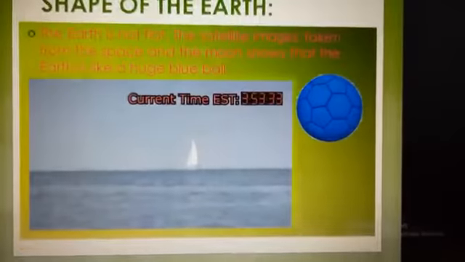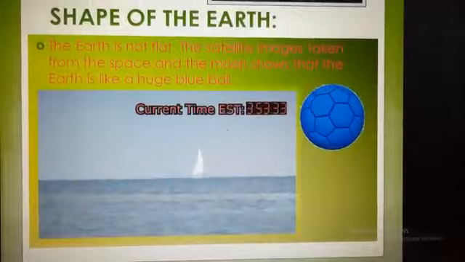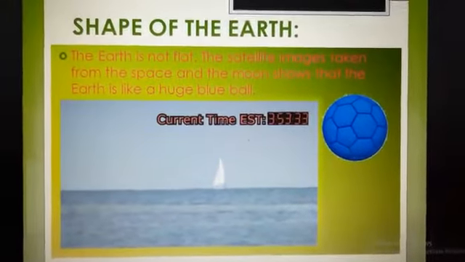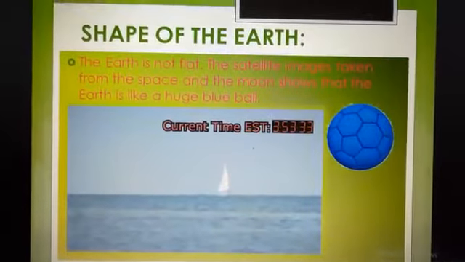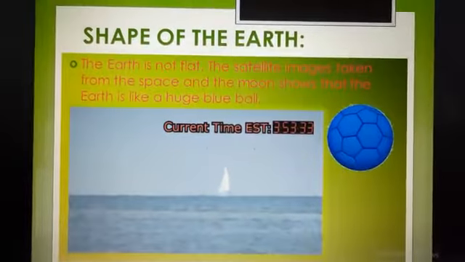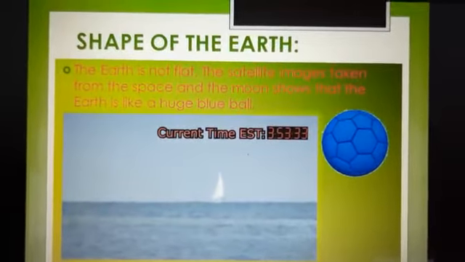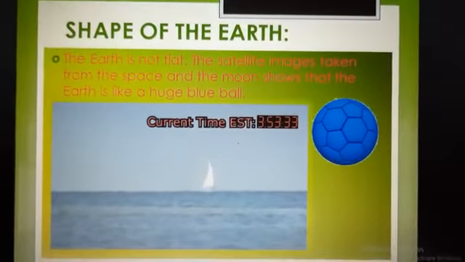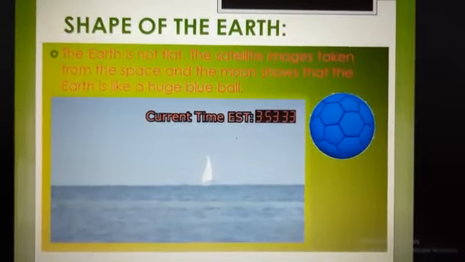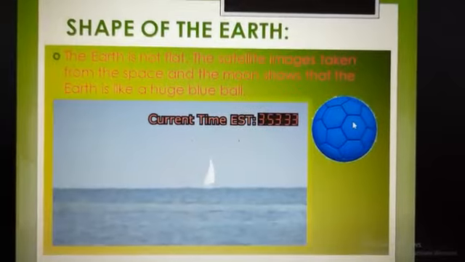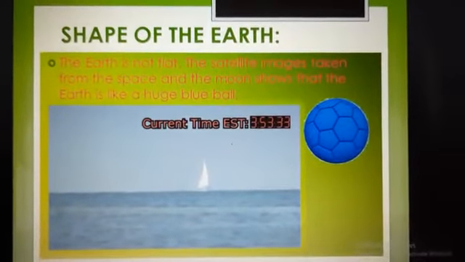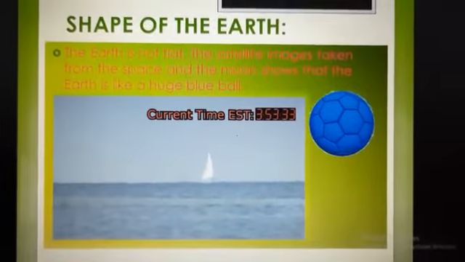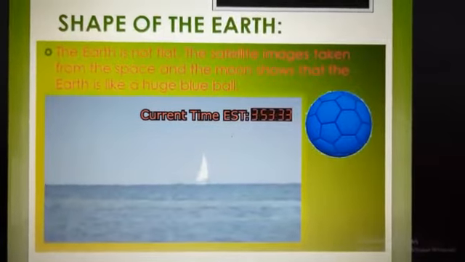Now what do you think about the shape of the earth? As we see far away, it seems like our earth is flat, isn't it? It feels as if our earth looks like a flat piece of paper. But no, our earth is not flat. The satellite images that have been taken from the satellites above, that is from space and the moon, show that the earth is like a huge ball.